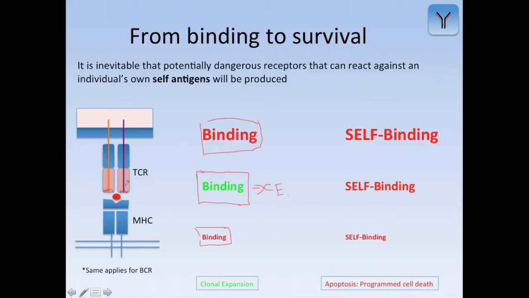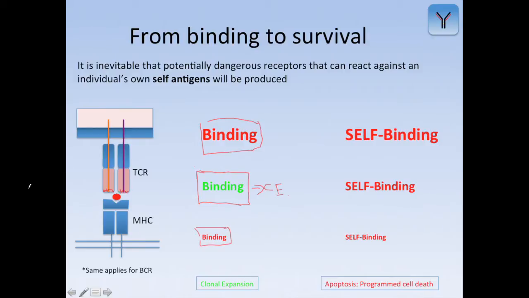So if this T cell receptor happens to bind self-antigens or self-epitopes, it will be signaled to go through apoptosis and die. And so you see how the only possibility here in green, which is process for clonal expansion, is binding mediocrely well, pretty well actually, to foreign antigens. If you bind too much or too little, they'll die, and if you bind any self-antigens, they'll die.